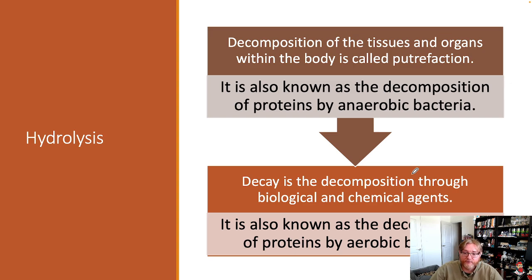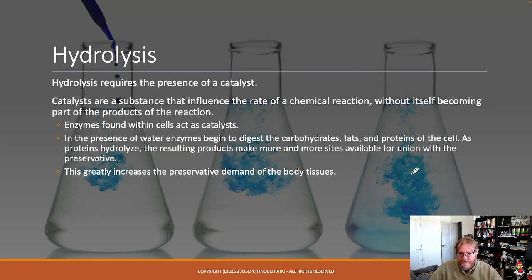One of the ways you can remember this is decay, aerobic. Decay, aerobic. Decomposition, putrefaction, anaerobic bacteria. As long as you can remember decay, aerobic, they share that same vowel sound to some extent, that will help you memorize the difference between decay and putrefaction.